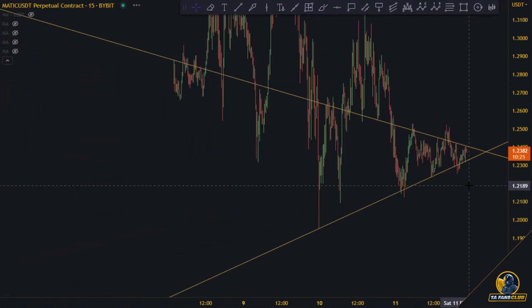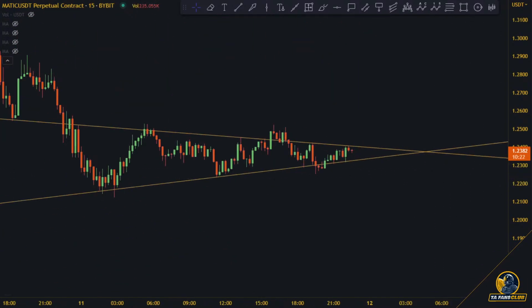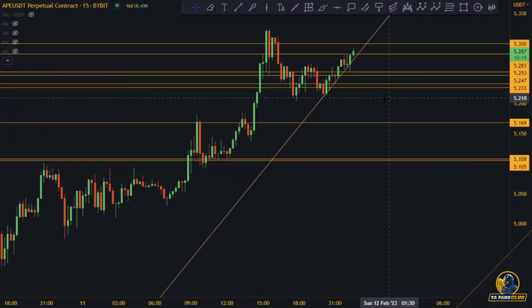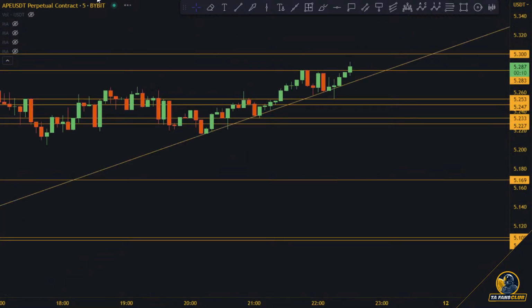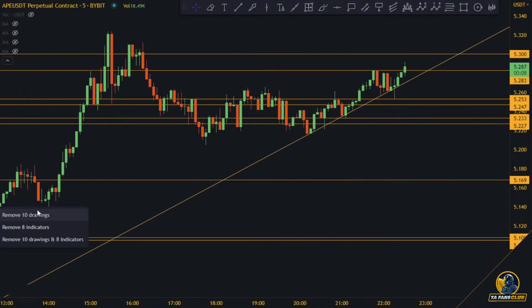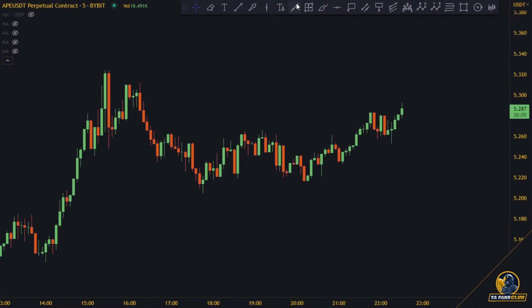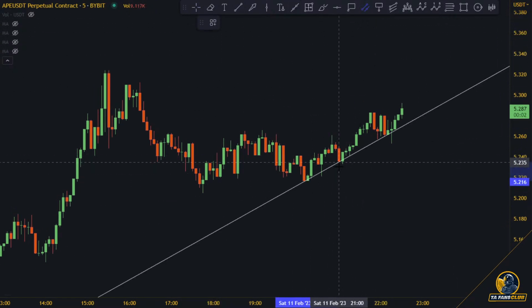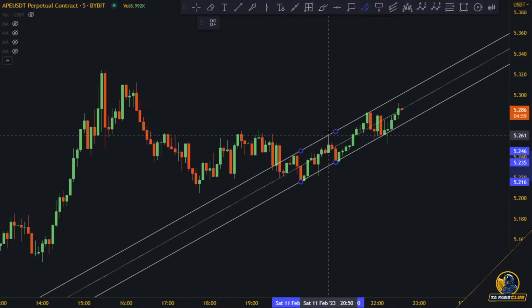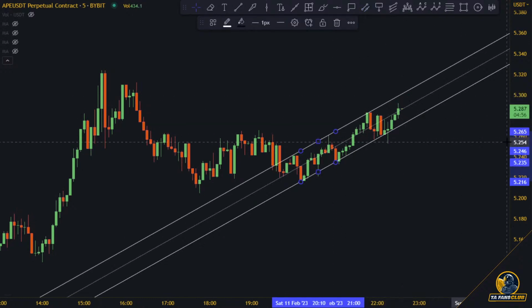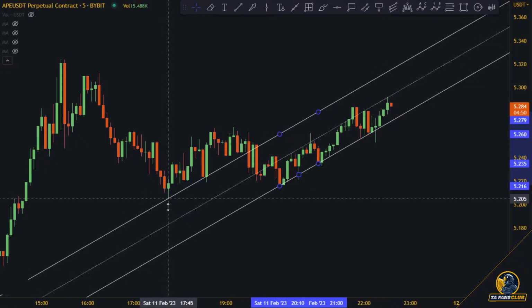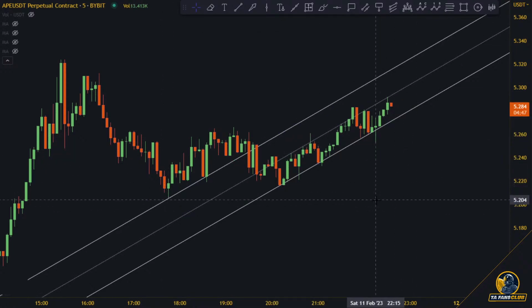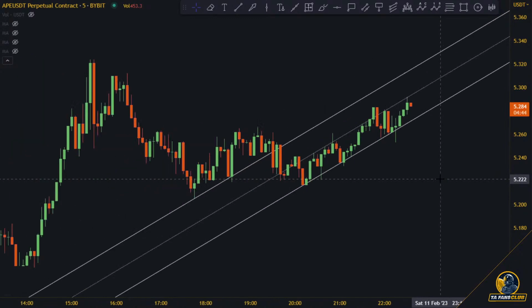Maybe this is the triangle. See, this is a channel up here and it's still not dropping. Yeah, it's just channeling towards upside.